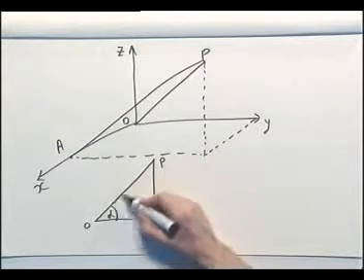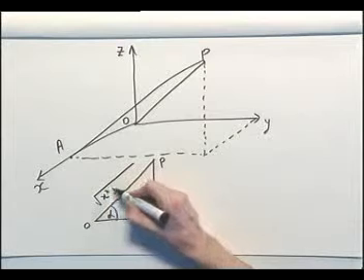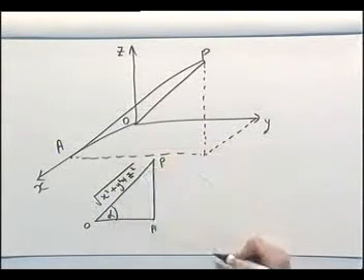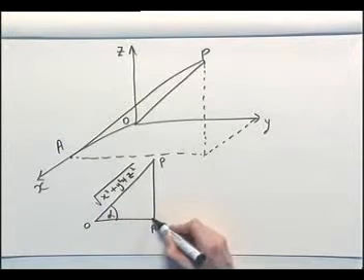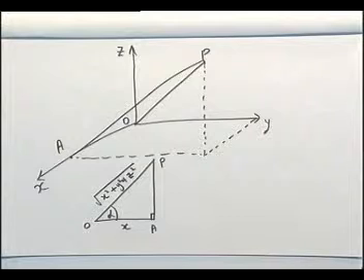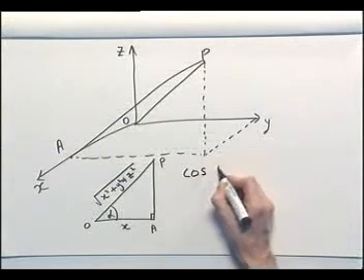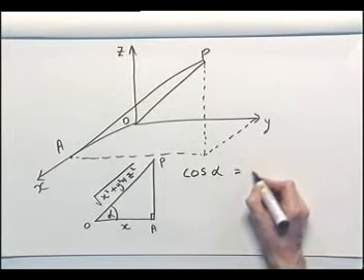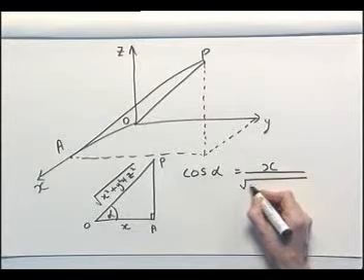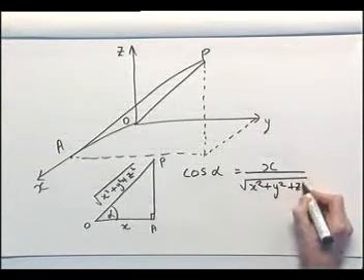Now we know the length of this line. We know that it is the square root of x squared plus y squared plus z squared. And we also know the length of this line. It's x. And that is a right angle. And so therefore we can write down cos of alpha is equal to x over the square root of x squared plus y squared plus z squared.